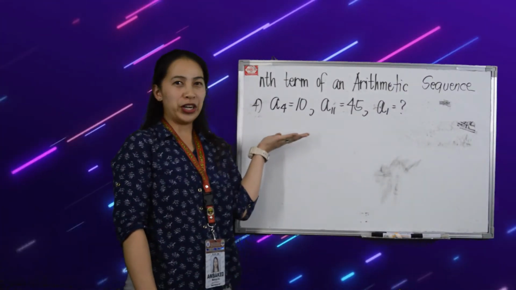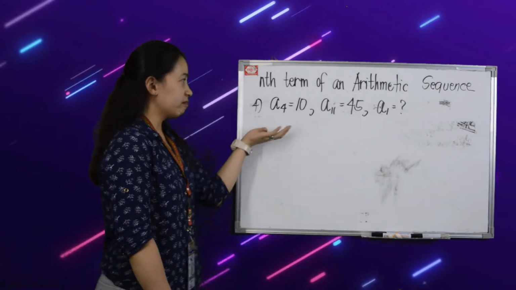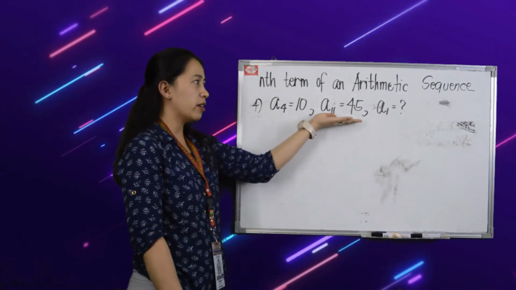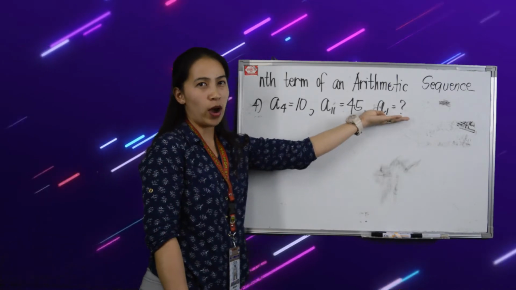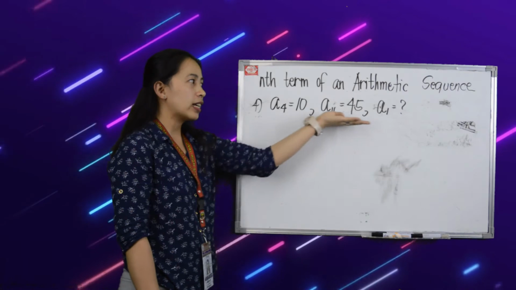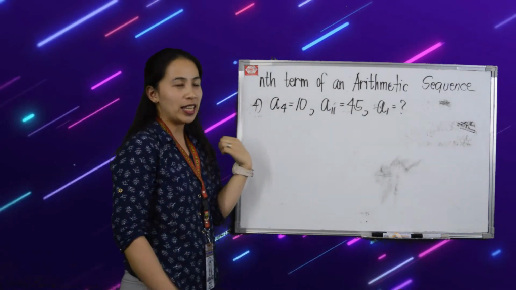Example number 4. Our final example for this segment. We are given a sub 4 is equal to 10, a sub 11 is equal to 45, and we are asked to find a sub 1. For us to be able to understand clearly this item, let's try to illustrate.